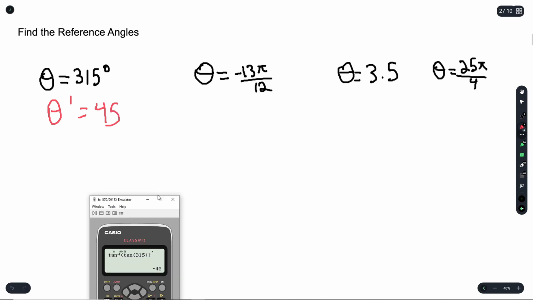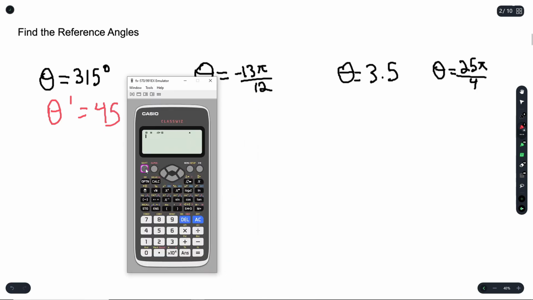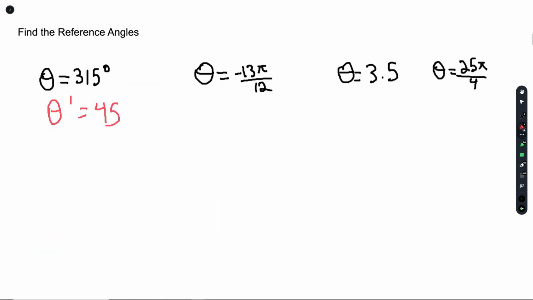For the second one, we need to change our calculator to radian. So change our calculator first, and shift 10, negative 13 pi over 12. So it's negative pi over 12. Or actually it's not negative since we take the absolute value.